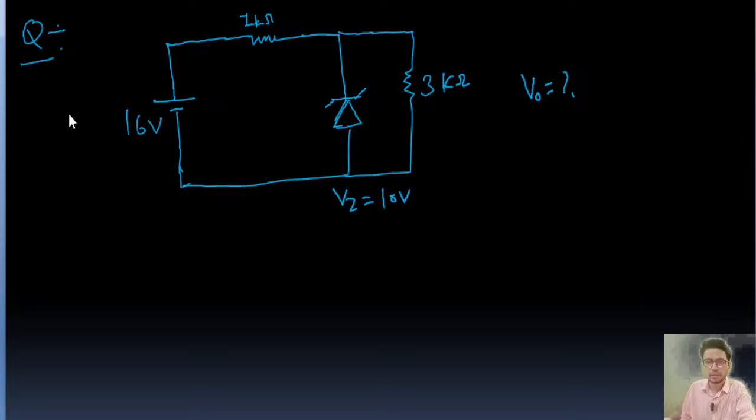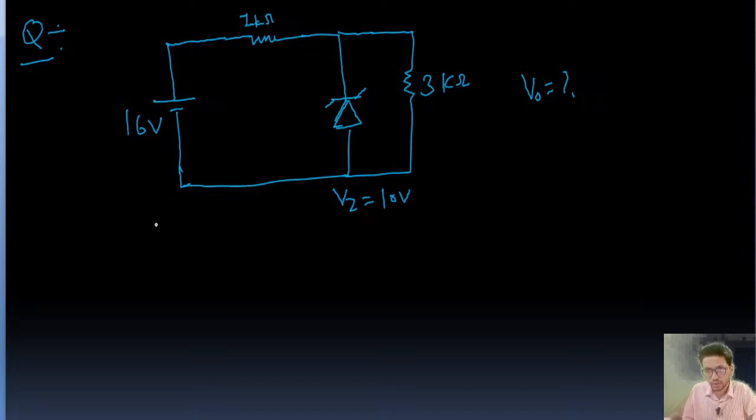So simple guys, we need to find V naught, which means we will remove the diode for getting V naught. Then that part is going to be open circuited. I have already explained this in my previous lecture.